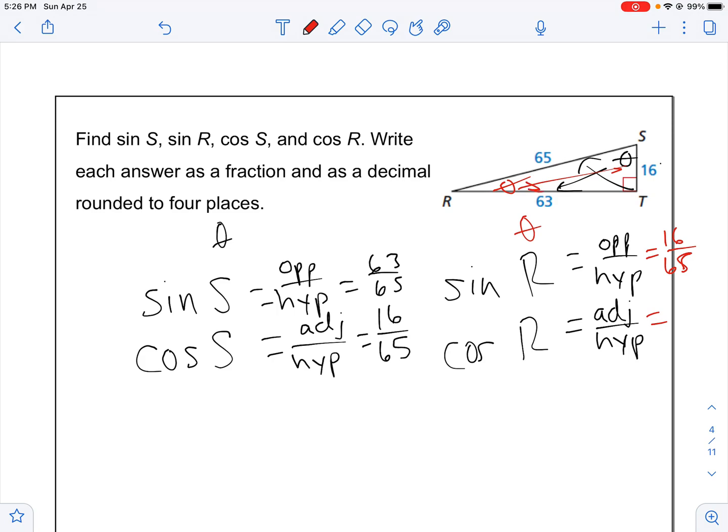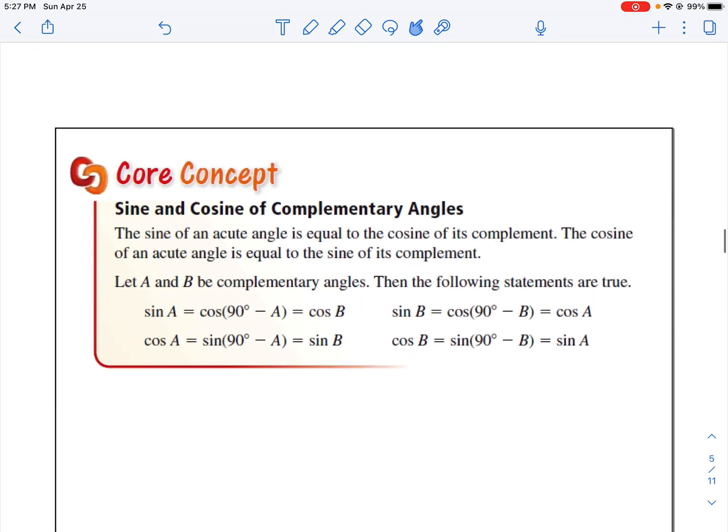And then your adjacent would be 63 and hypotenuse 65. So if you watched the last video or you feel comfortable doing tangent, it's just the same process, but instead now we call it sine and cosine. So let's keep it moving.